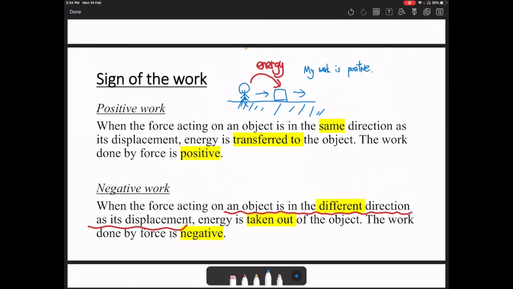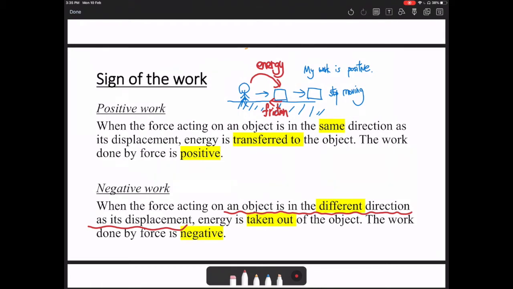But at some instant, this box will stop moving. Let me ask you, why will this box stop moving? Because there is a friction against the box, right? There is a friction to the left-hand side, against this box.